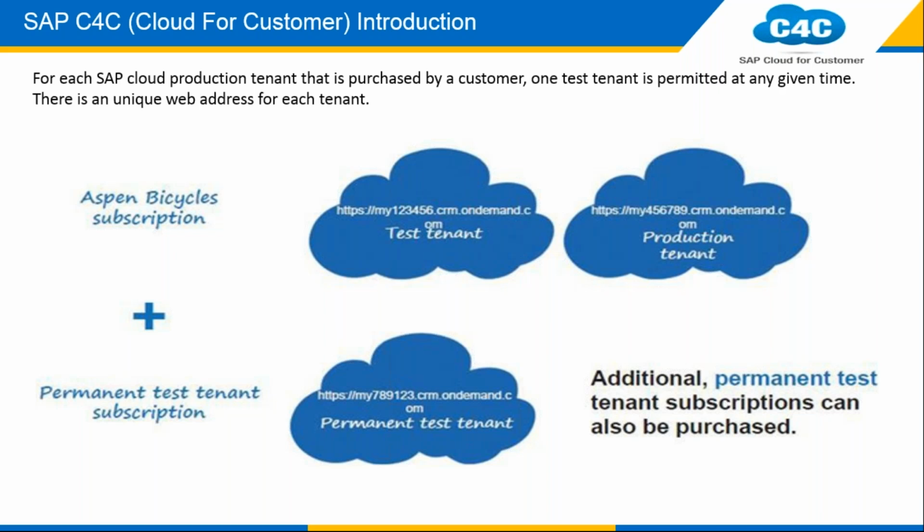For that, the client makes an additional request to SAP, which provides a third tenant but charges for it, in terms of the number of licenses. So this is the subscription for these tenants.